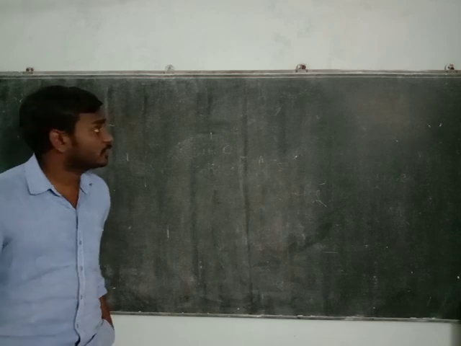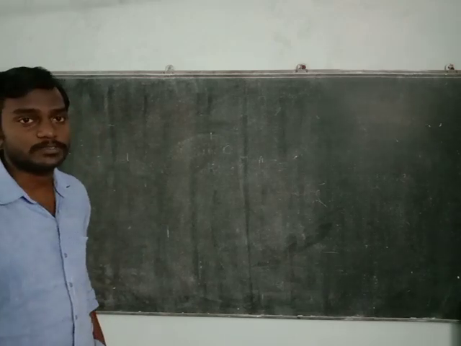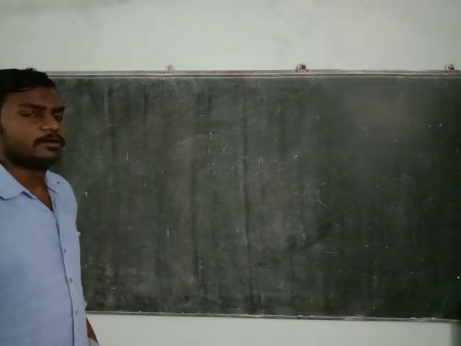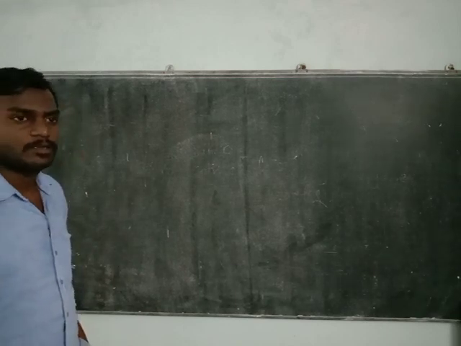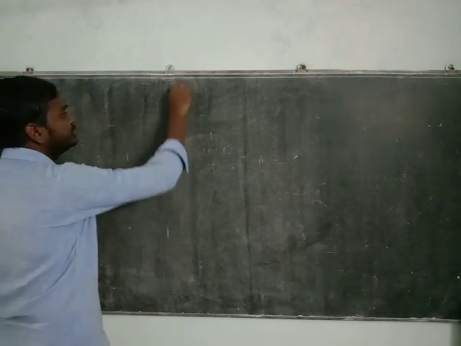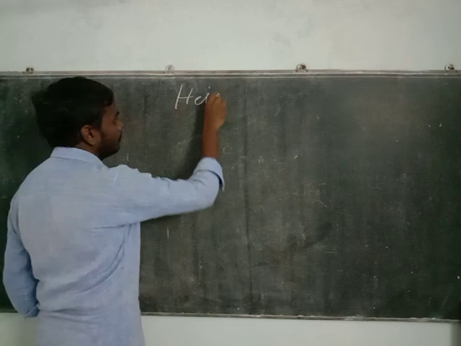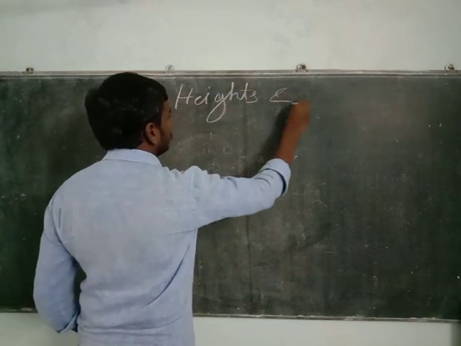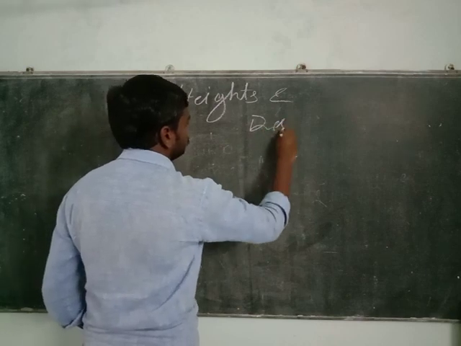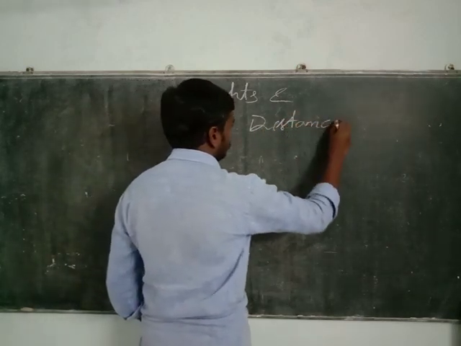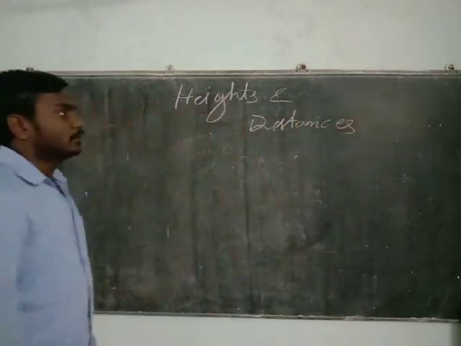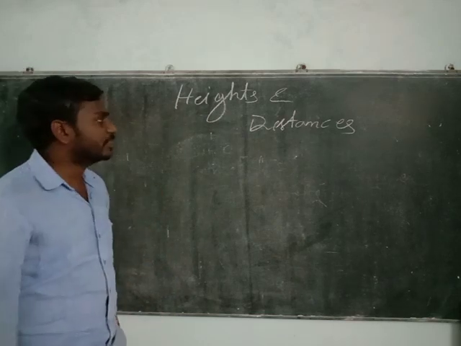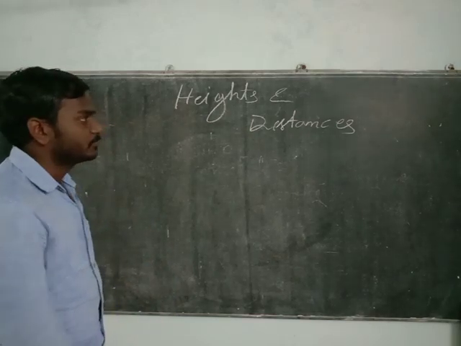In this class, we are now going to learn about applications of trigonometry, and this is also called heights and distances. This is also having the same name of applications of trigonometry.